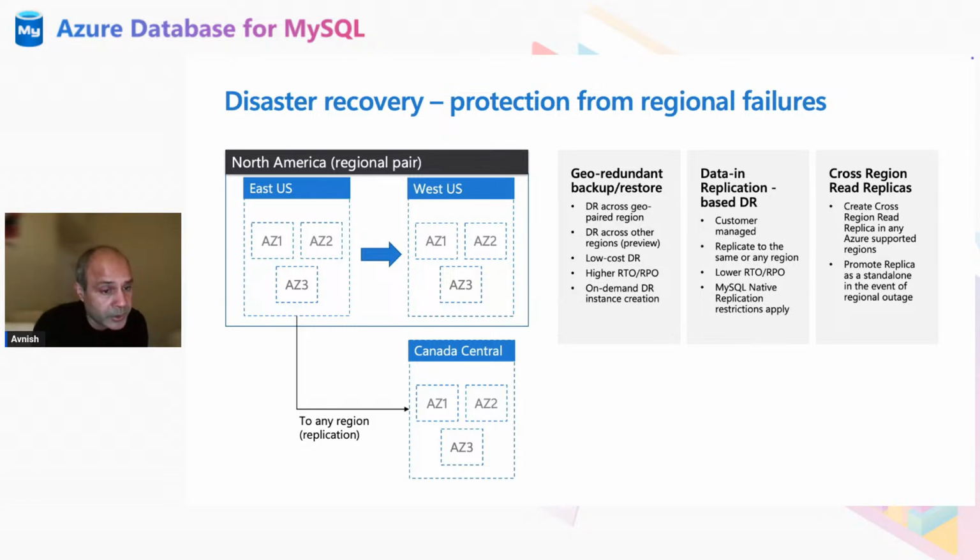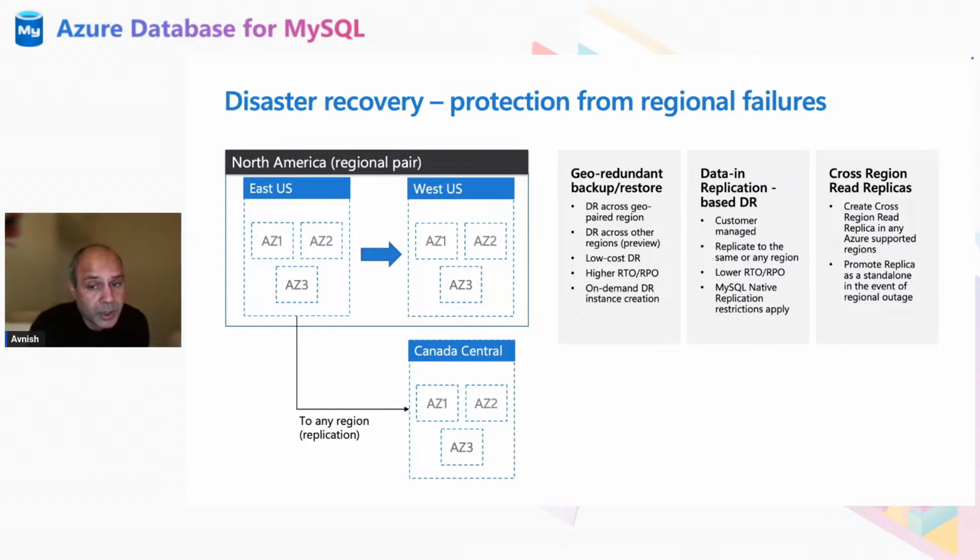You have to promote the read replica, and you have to update the connection string if you don't have a ProxySQL or load balancer in front of your MySQL instance. Then you have to reprovision all the required read replicas you had before. So it's time-consuming if you're doing DR testing every 3 months, and it adds operational overhead.